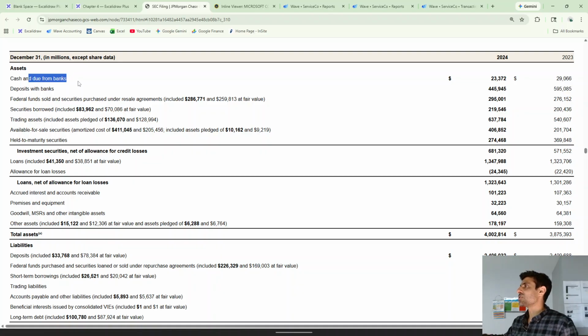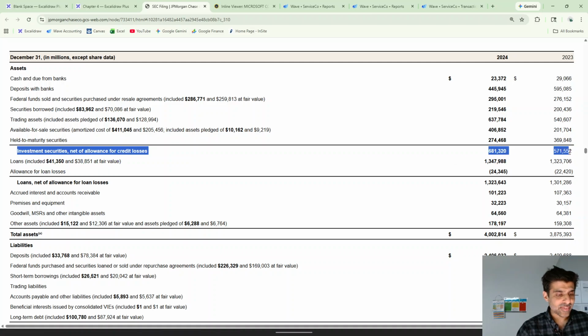They consider that as cash and group that together. They have other types of securities borrowed, trading assets. So they're grouping their first category of assets as just investment securities because that's what a bank does, right? They're taking your deposits and investing it in different things. So in their opinion, grouping all that together into a category is useful for the financial statement user.